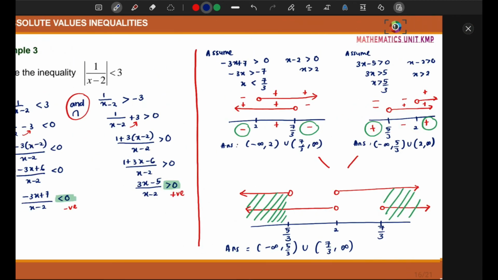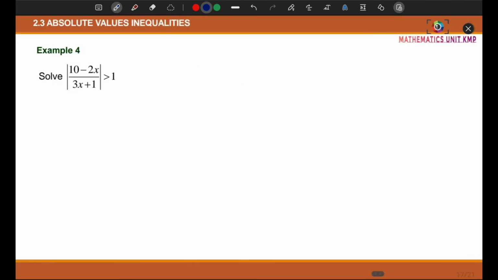Next example. Okay, we need to solve the absolute value of (10 minus 2x) divided by (3x plus 1) greater than 1. So first separate the absolute value. 10 minus 2x divided by 3x plus 1 greater than 1.